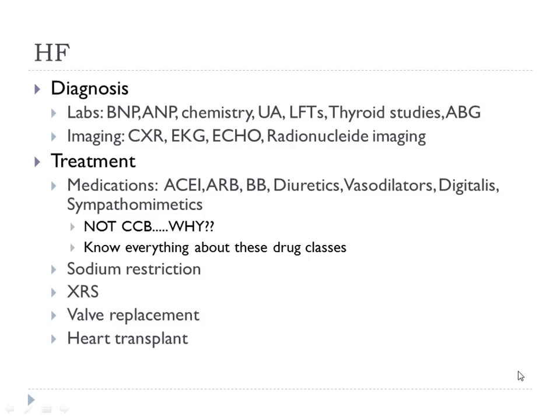Okay, that's regurgitation. You could also have mitral valve stenosis, which we'll talk about, where the blood's not getting from the top to the bottom correctly, so it's backing up, causing signs of heart failure. So a valve can be replaced if necessary. And eventually, especially if a person has a really bad ejection fraction, they can be put on the heart transplant list and get a new heart.